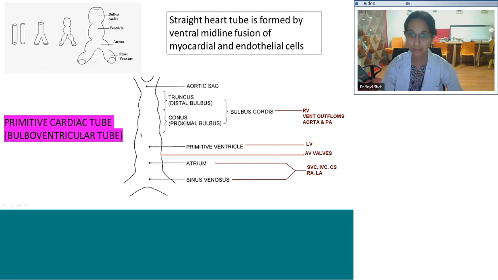The proximal part of the bulbus is called the conus, and the distal part is called the truncus. This bulbus cordis finally gives rise to the right ventricle, the outflow tracts, and a part of the aorta and pulmonary artery.